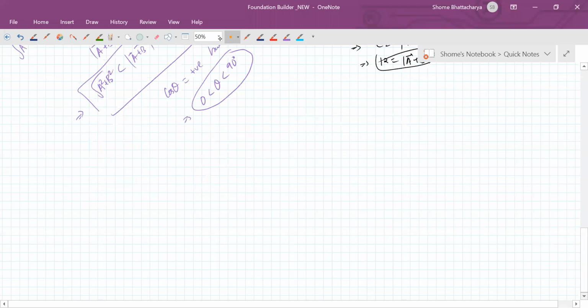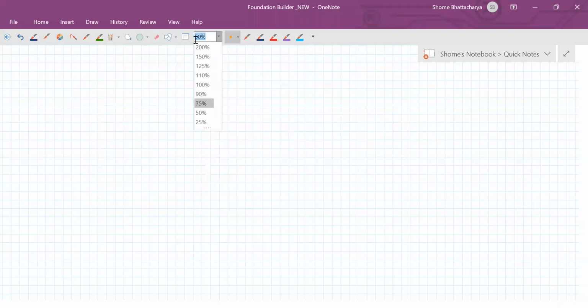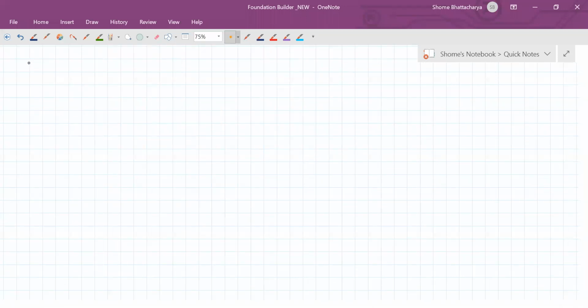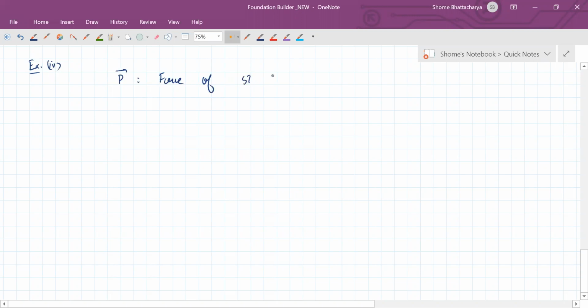All right. Next example, we'll discuss a little bit about three-dimensional vectors. So now P is a force of, let's say, 50 newtons towards east direction.